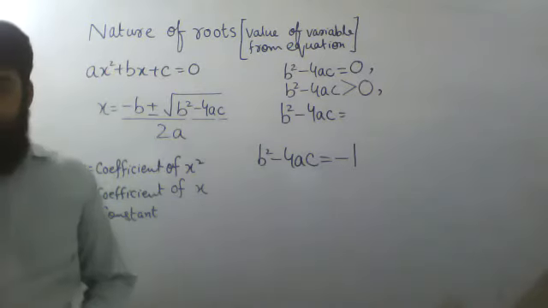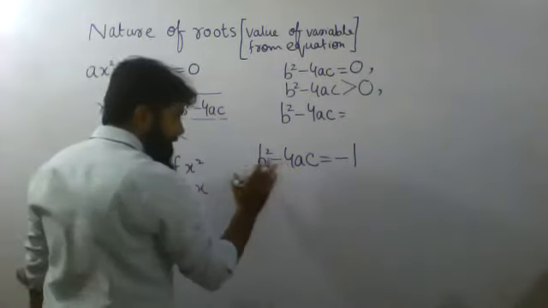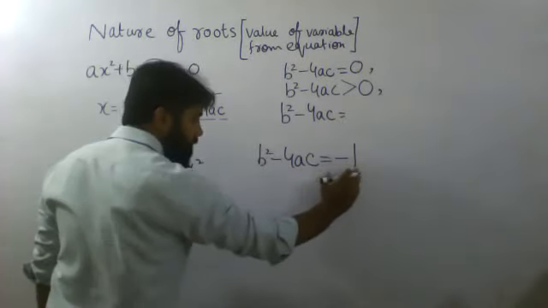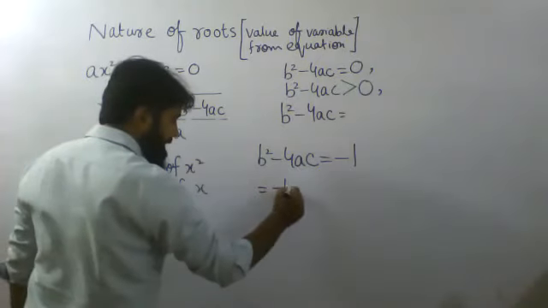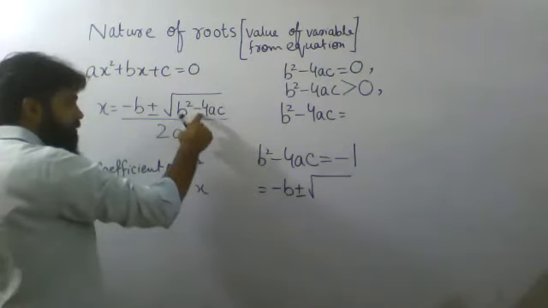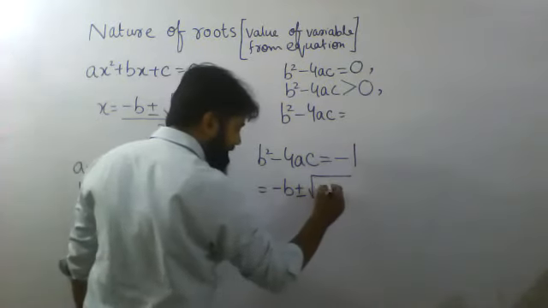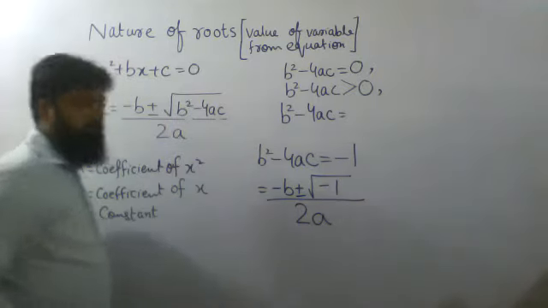I have solved it with 1, right? And I will solve it with minus 1 also. I am taking b square minus 4ac equals to minus 1, plotting it over here. Minus b plus minus under root. In place of b square minus 4ac, I am writing minus 1, upon 2a.